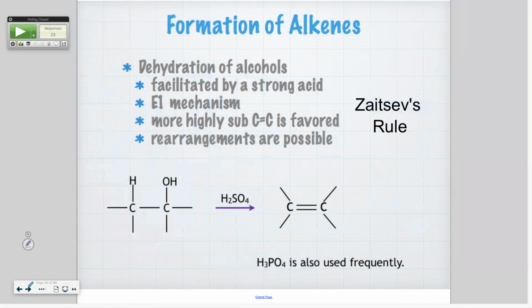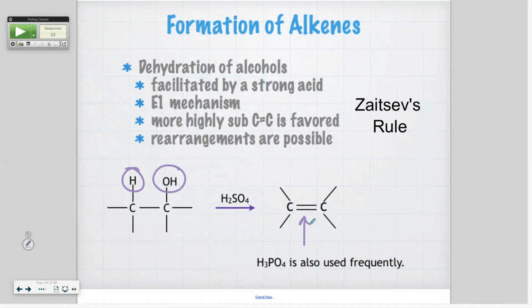And we're going to start with compounds that are alcohols, okay? So here is the OH that we're going to lose, and we're going to lose an H on a carbon that is next to it, the neighboring carbon. You're going to lose water, and you're going to make a double bond. So we're making a pi bond.